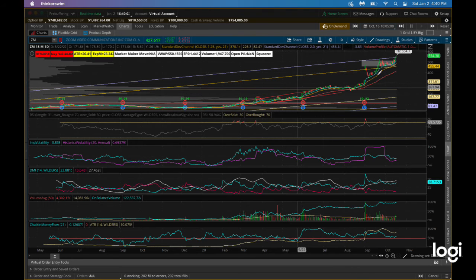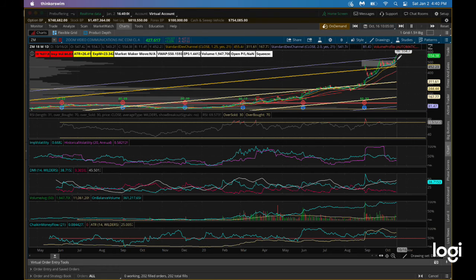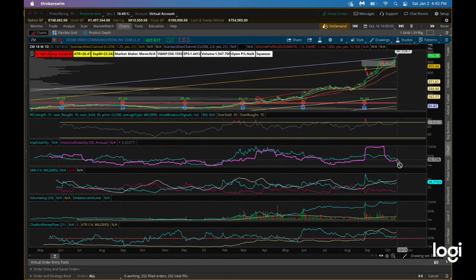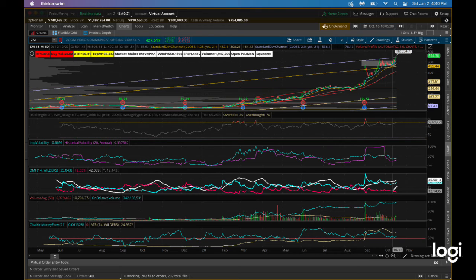As you can see here, the stock is going higher, and the volatility is relatively low at this time, and the stock is showing not so bullish, not so bearish type of behavior. DI plus is up and DI minus is low. I would say it's a bullish indicator. At the same time, Chaikin money flow is going down a little bit. There is a little bit of divergence there.